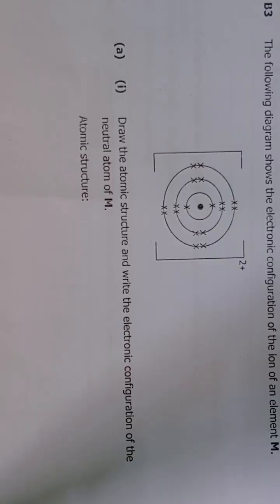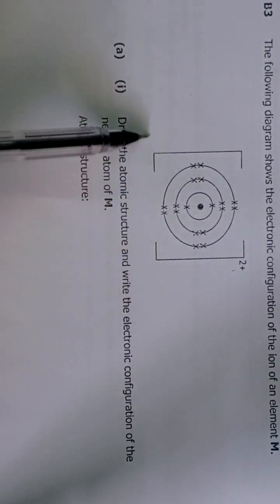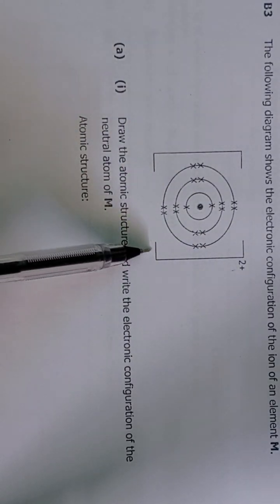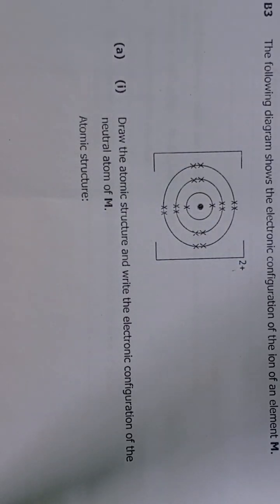B3, the following diagram shows the electronic configuration of the ion of an element M. So this simply means that this element M has lost 2 electrons of its outermost shell.